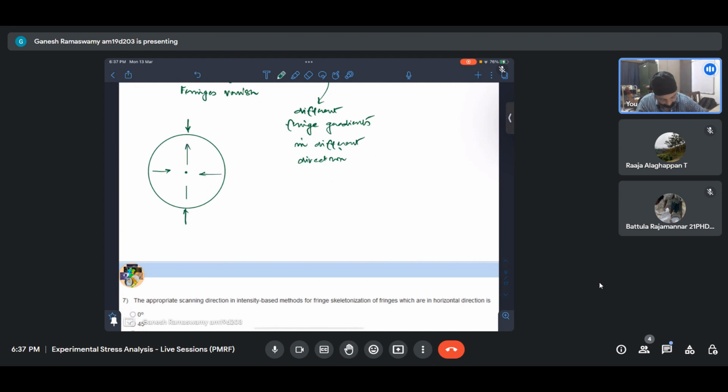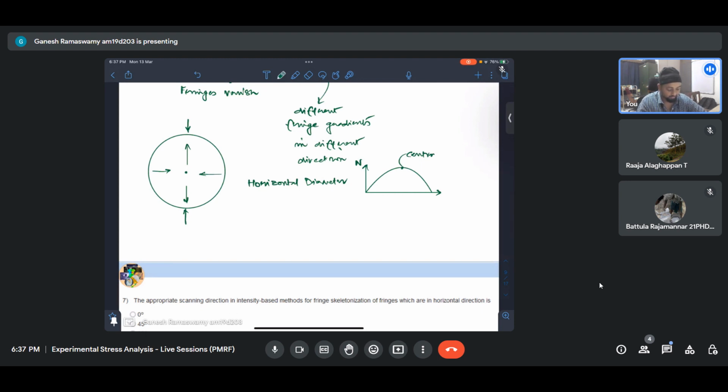If I were to draw a horizontal diameter and plot a graph along it, I would get something like this, where this is my center point, N is the fringe order, and this is a coordinate along the horizontal diameter.